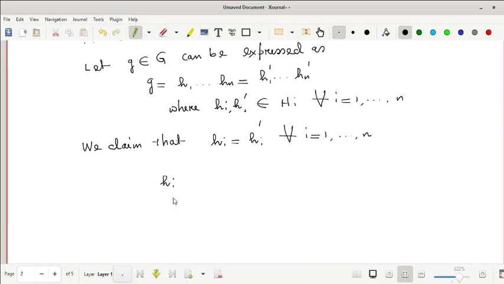So if I want to get hi freely and I don't want anything else, then what to do? I have to express hi as an element of H1 H2 ... Hi minus 1, Hi plus 1, etc. So let us see what actually I want.